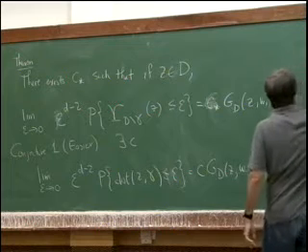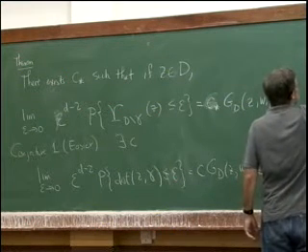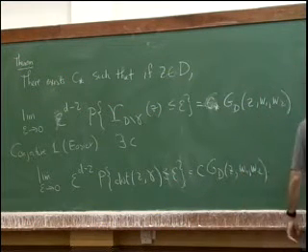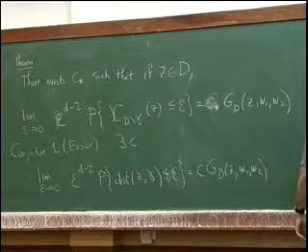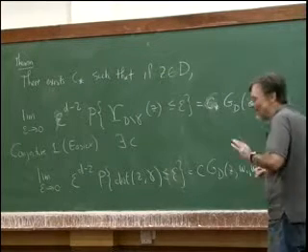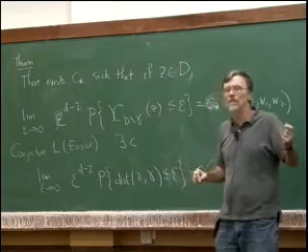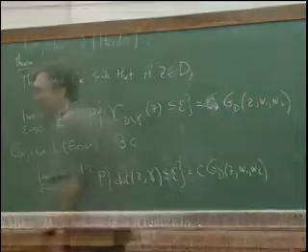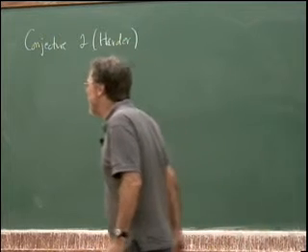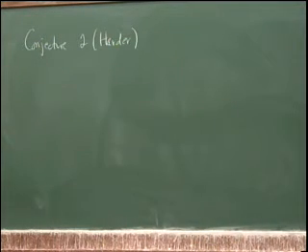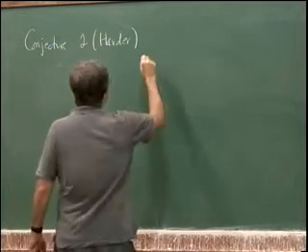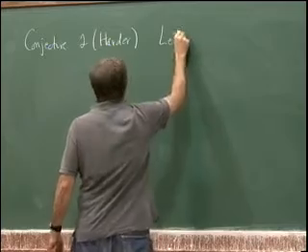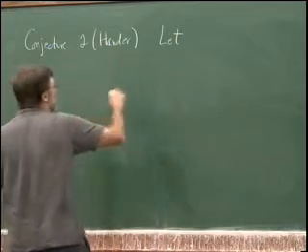Now, conjecture 2, which is harder, and not only harder but has a higher probability of being wrong, is the following. Let's consider the limit.